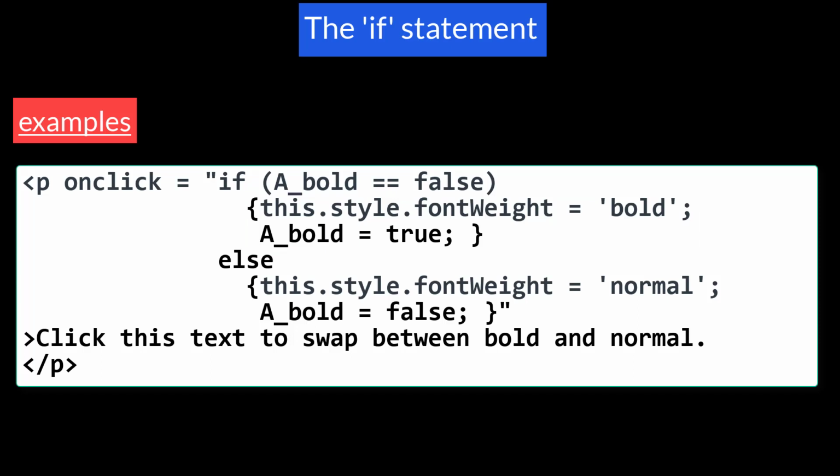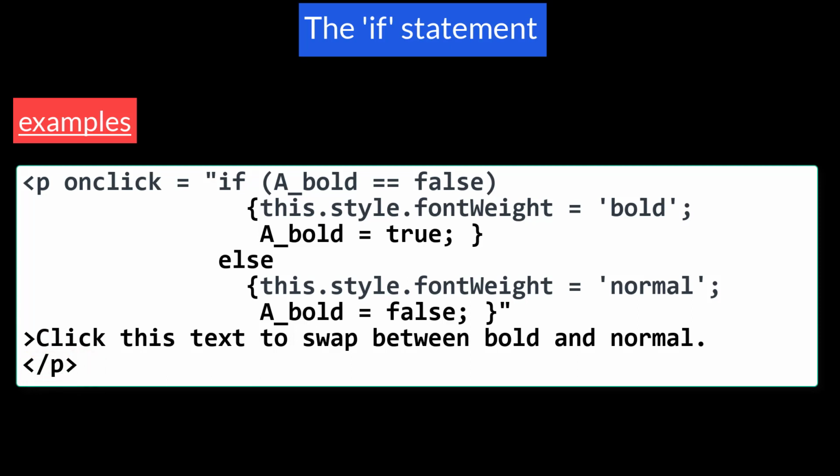And then else, and a brace. And this.style.fontWeight equals normal. That's the first statement. a_bold equals false. That's the second statement. Again, two statements within the braces. And then the greater than sign indicating the end of the start tag. Click this text to swap between bold and normal, and then the end paragraph.